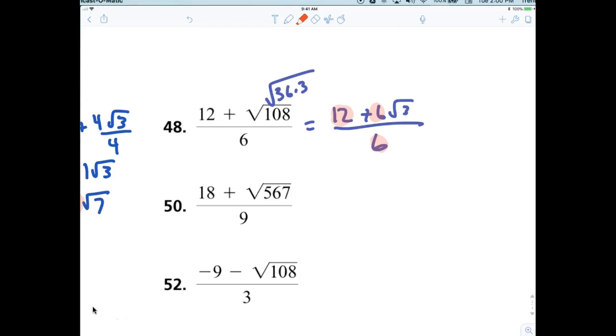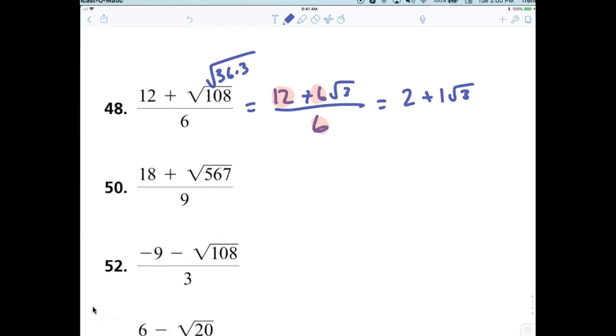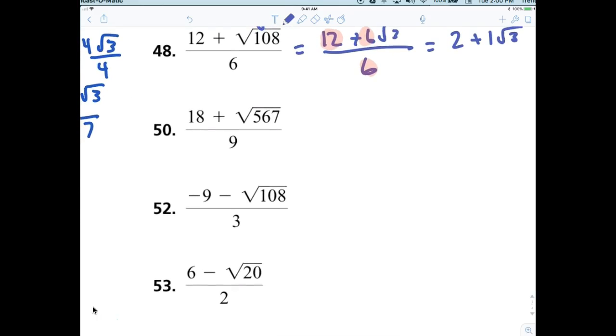If all terms can be divided by 6, you can divide by 6. So the final answer now is 2 plus 1 radical 3. I understand the 1 doesn't have to be there, but I'm emphasizing that 6 divided by 6 is 1. Now let's look at 567.